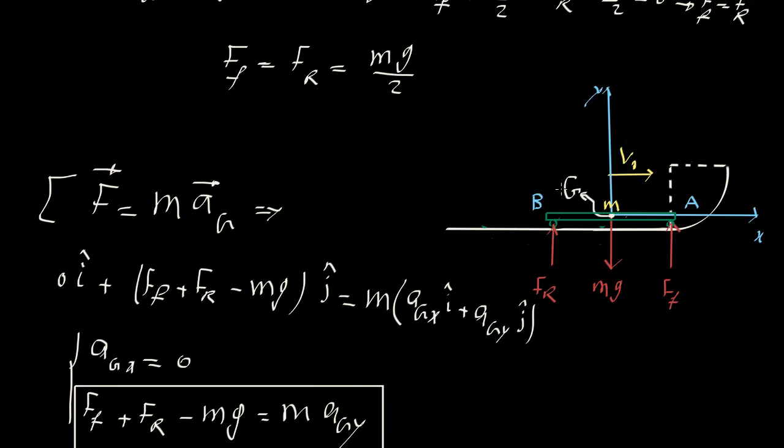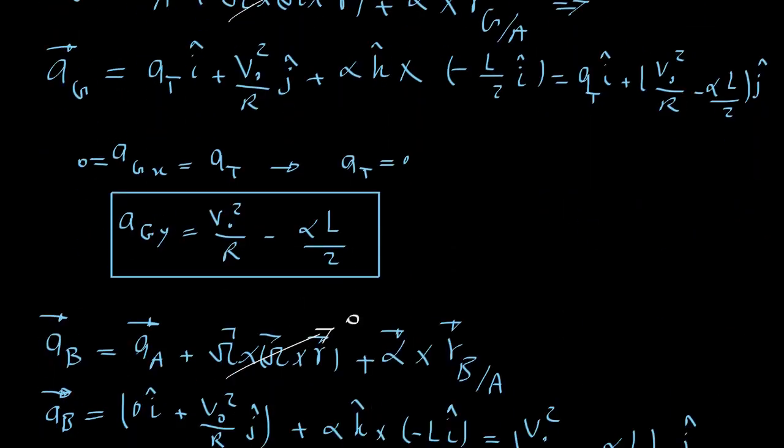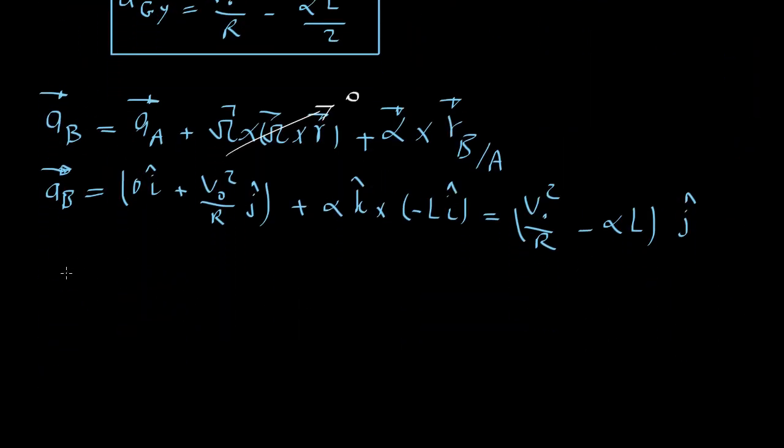So the point B wouldn't move in the y direction, and because it is not moving in the y direction, its acceleration in the y direction will also be 0. So we can say that ABY is equal to 0.